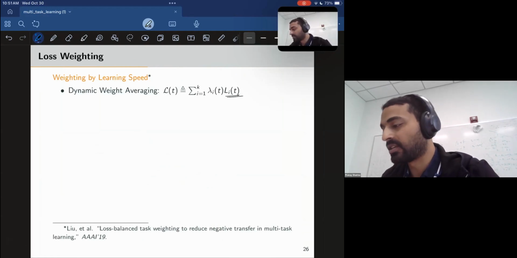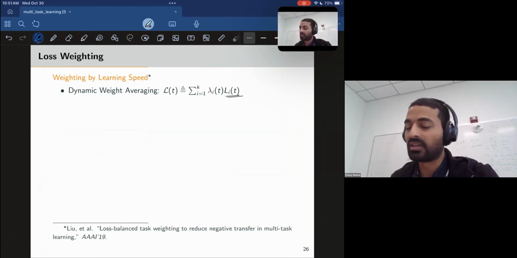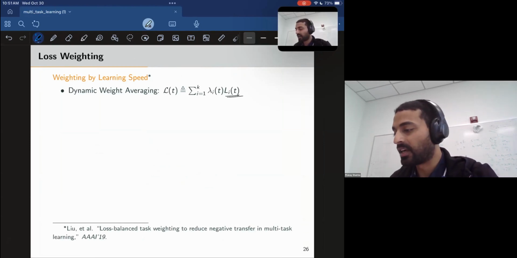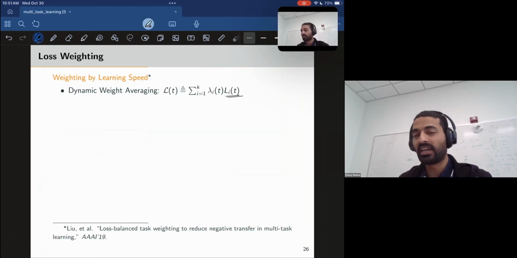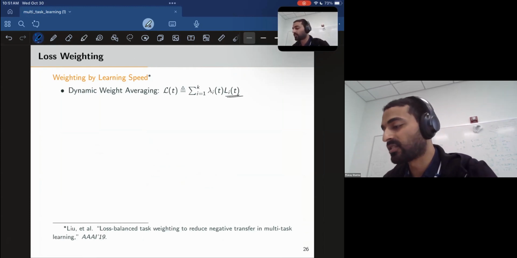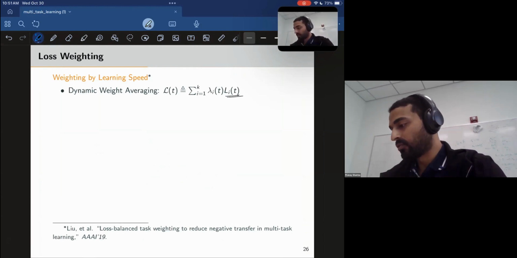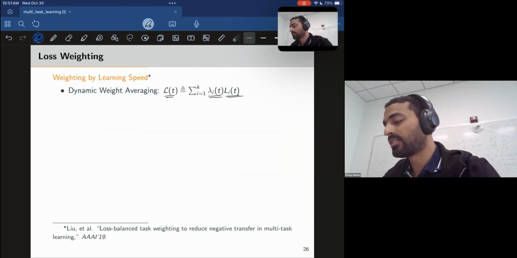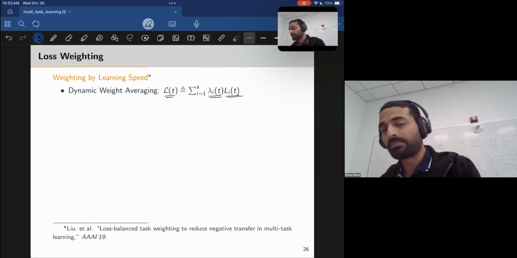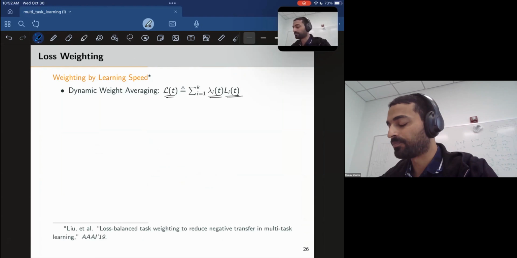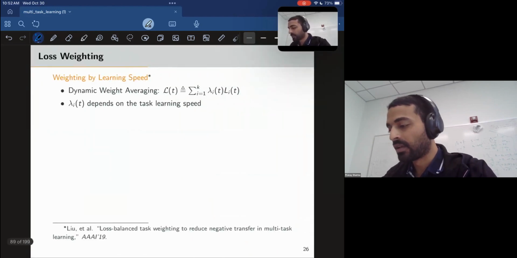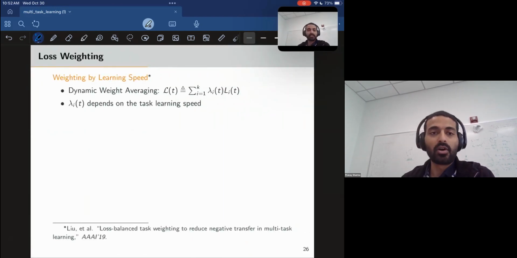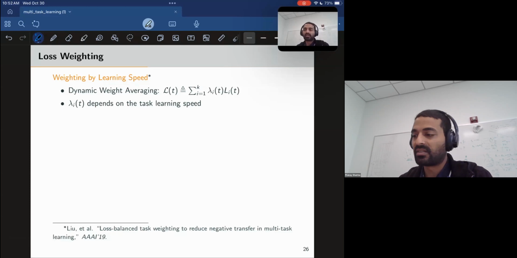Li is the loss for the ith task, and we might choose to create an aggregate of the different task losses in a specific way. So at time t, we can assign some dynamic weight lambda_it to the task i, right? And this might depend on how quickly the model is learning this task. So that is one possibility.